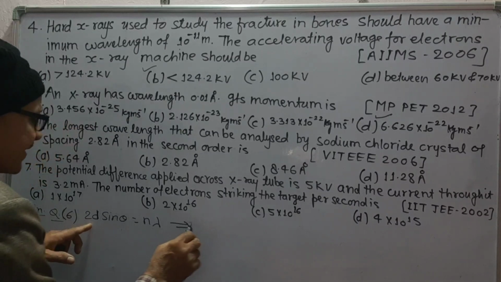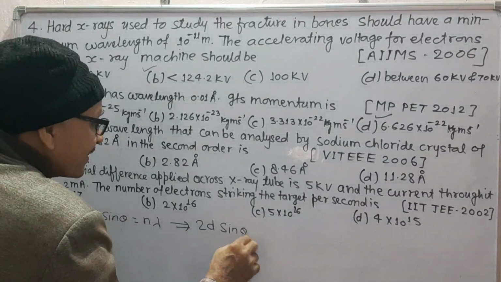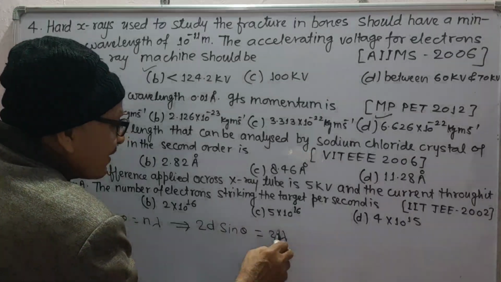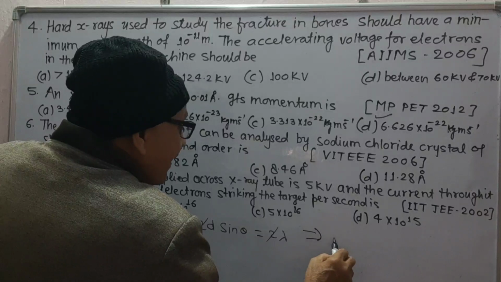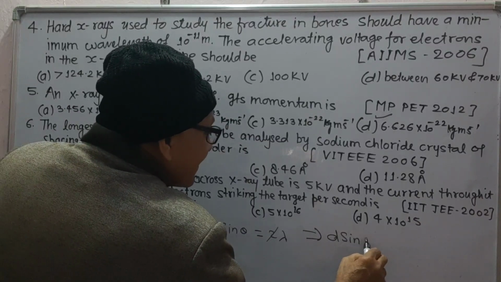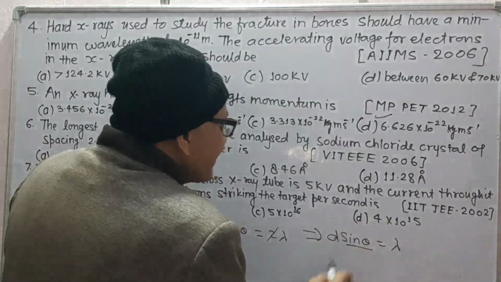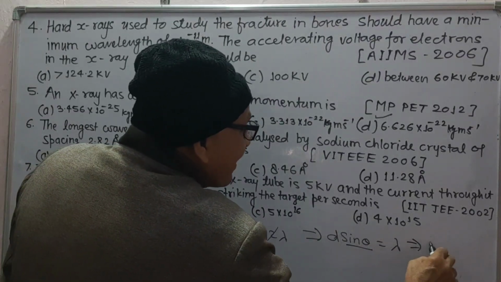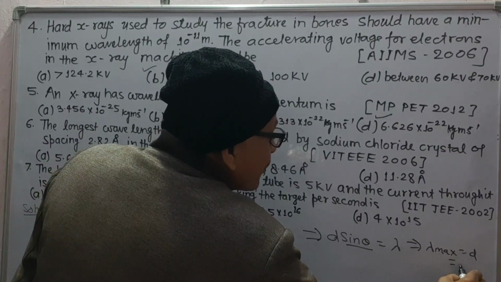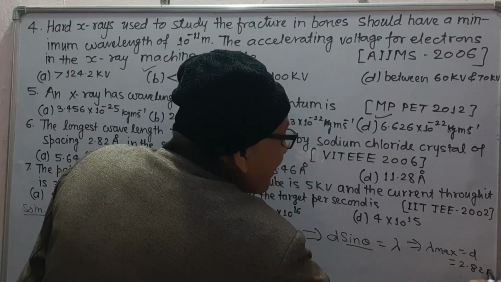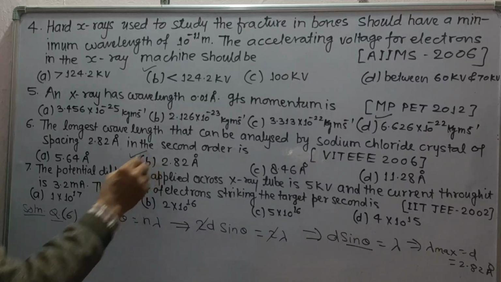So for second order it becomes 2d sin theta is equal to 2 lambda, 2 cancels out, and we get d sin theta is equal to lambda. Lambda will be maximum when sin theta is 90 degree, therefore lambda maximum will be equal to d, that is 2.82 angstrom. So the correct option will be B.